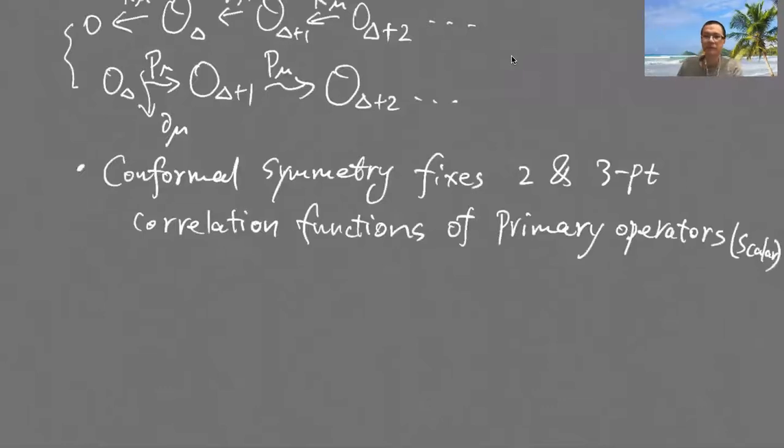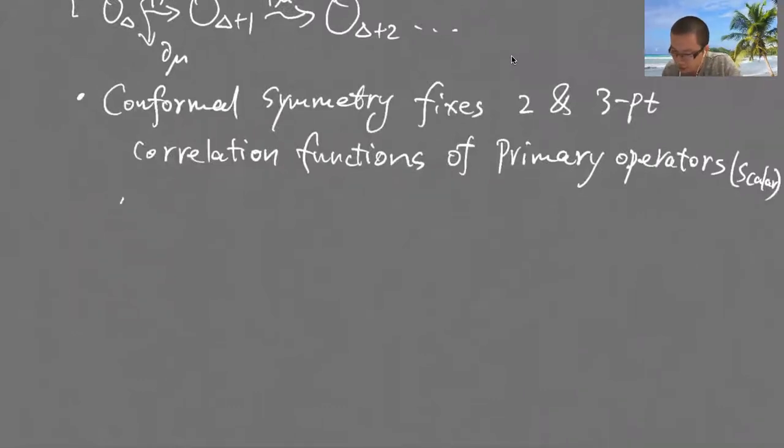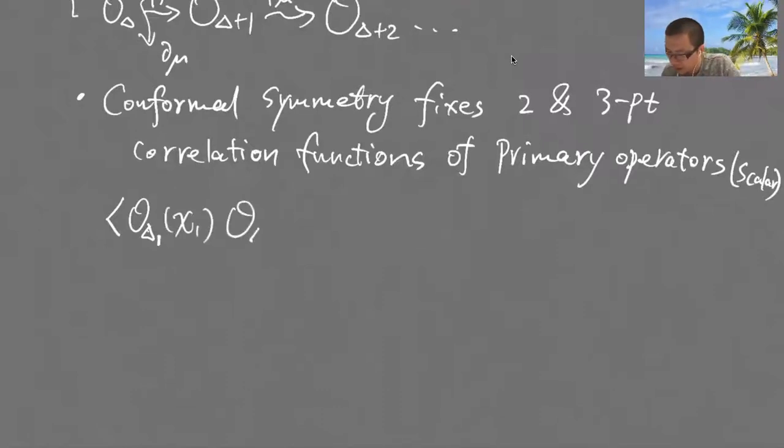So it turns out the 2 point function, as we said, say I have a scalar operator with dimension delta 1 at the position x1, and another operator with conformal dimension delta 2 at the position x2.